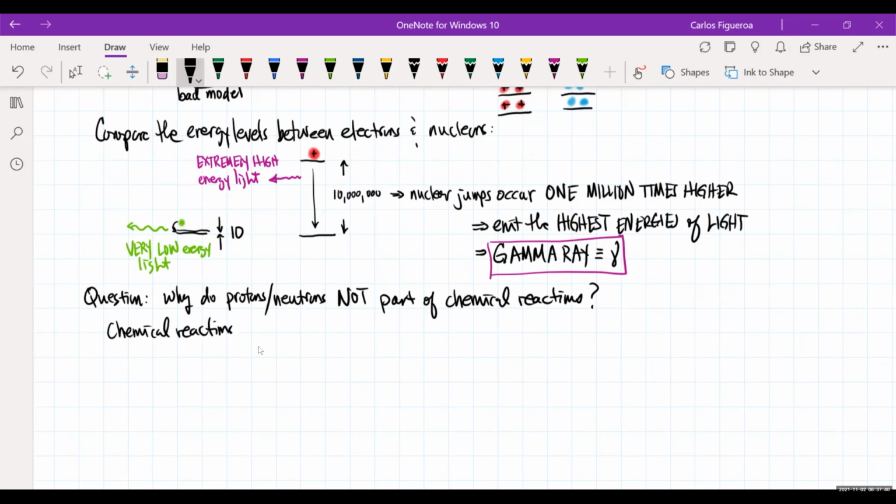So what you're finding here is that chemical reactions, by the way, what do I mean by chemical reactions? We're talking about bonding of electrons, just like we talked about potential energy or the nuclear wells.